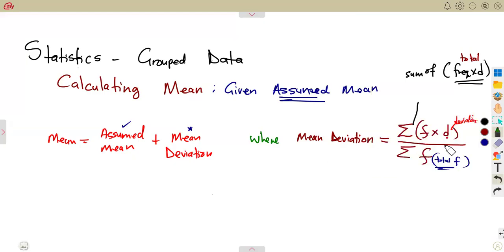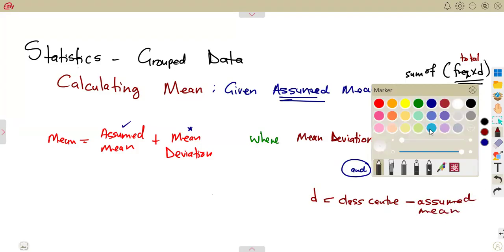So how do you find those deviations? D is equal to the class center minus the assumed mean.